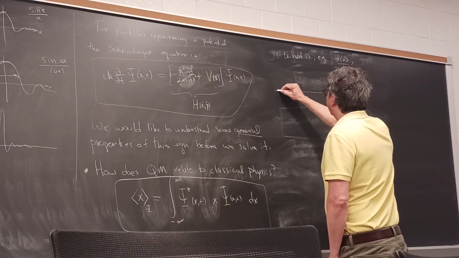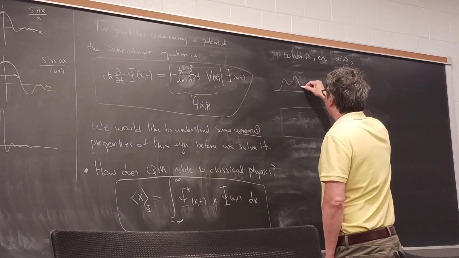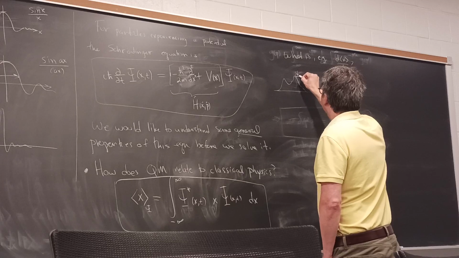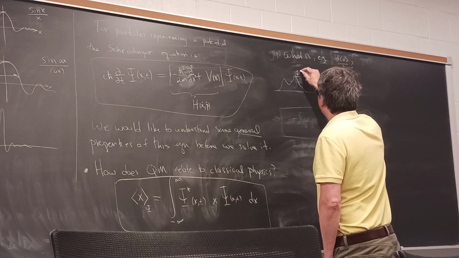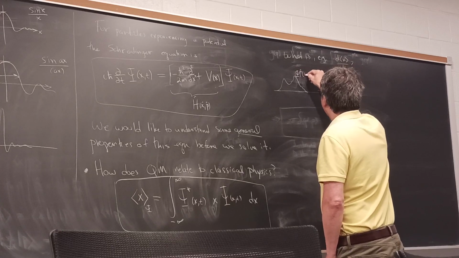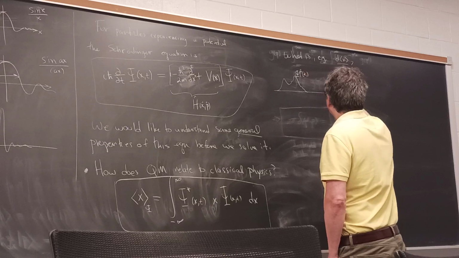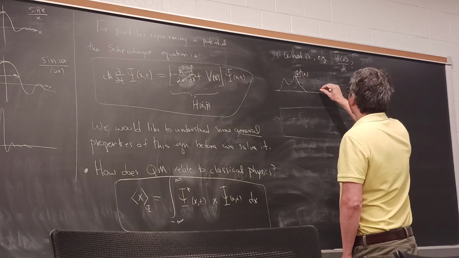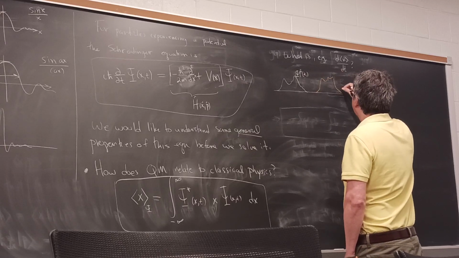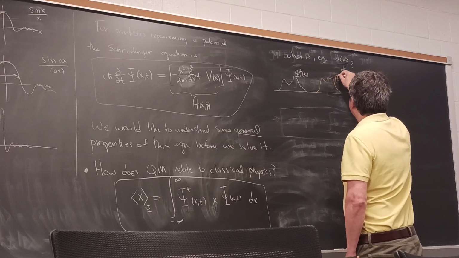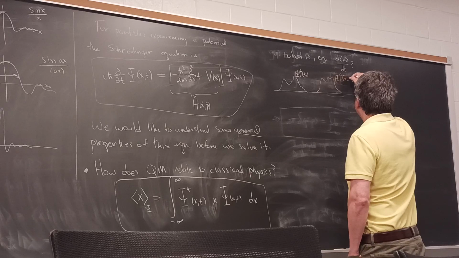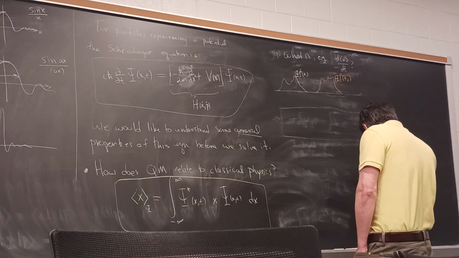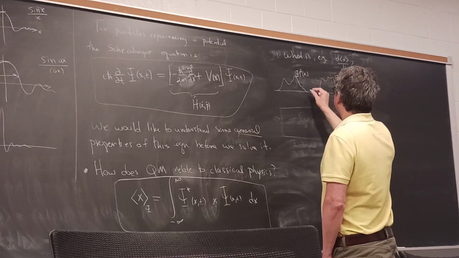Suppose we have this is psi squared at some t1, and then at some later time, we have psi squared at some t2, and the distribution has shifted.